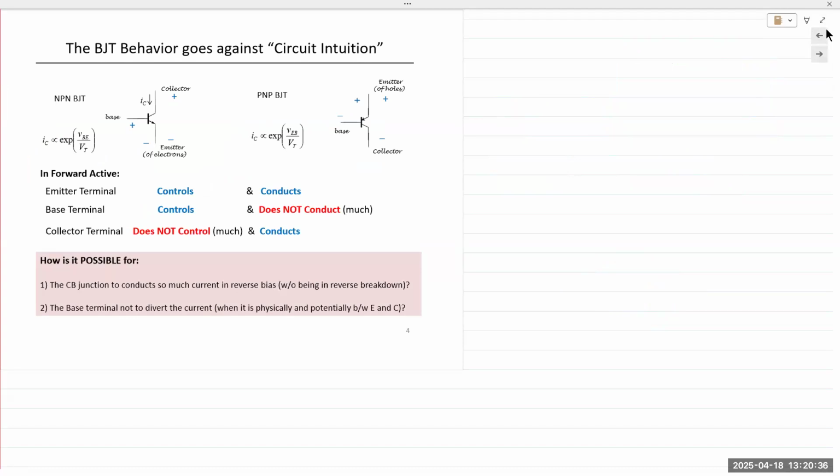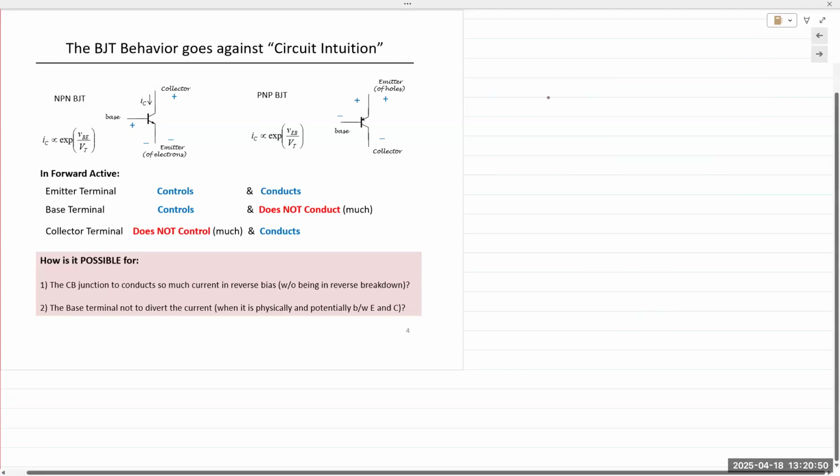So normally we think of a BJT as a three-terminal device. It consists of three separate semiconductor materials, and these semiconductor materials are connected back to back.